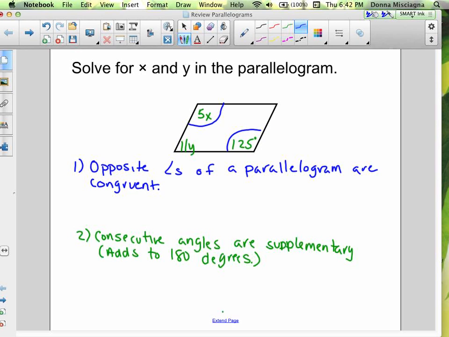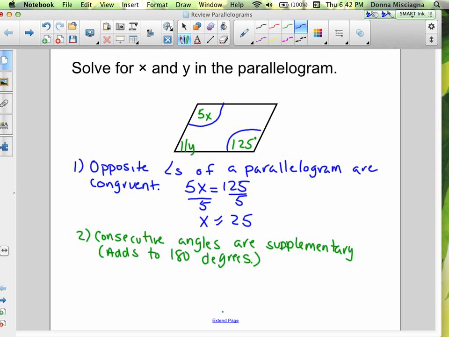So we could solve for x by setting the two angles equal to one another. In other words, 5x equals 125. And then just divide both sides by 5. X is 25. And that's all there was to that part.